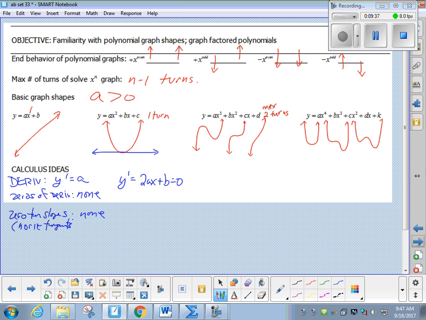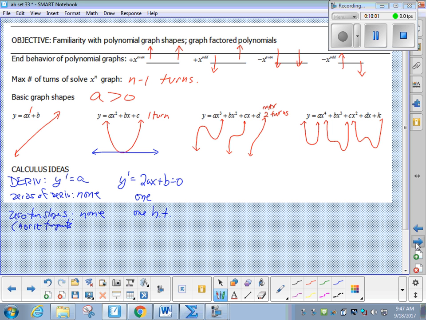How many zeros? 1 solution. It must have 1 solution. And therefore, it has 1 horizontal tangent. And I'm going to abbreviate that H2. Okay?